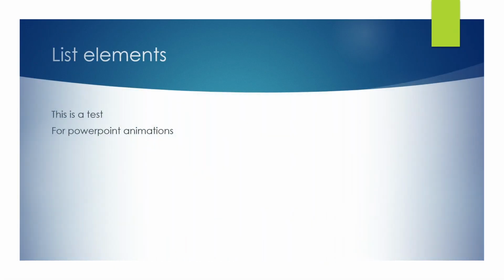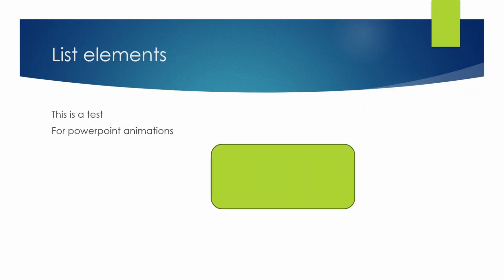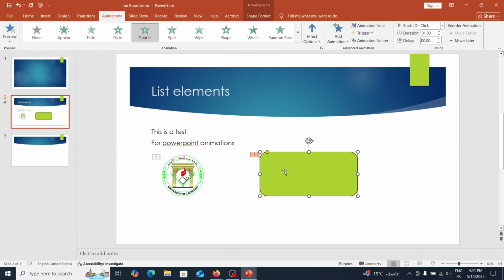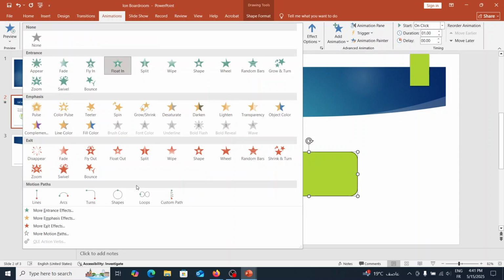Now, if we preview what we have done, notice the shape and the picture have different animations. Any element you want to apply an animation to, you just select it. Here we selected the shape and use any animation that's available to us.